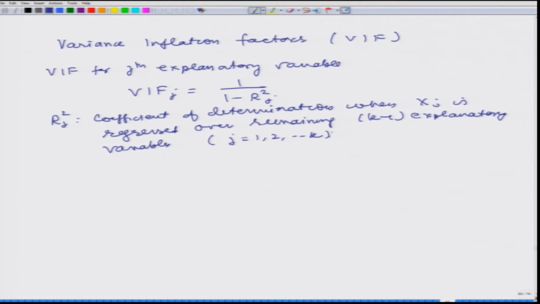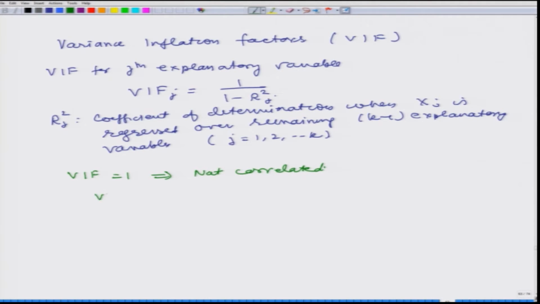Now this variance inflation factor is easily available in any software outcome, and is part of the outcome of a regression analysis, and it has the following interpretation. If we are getting a variance inflation factor equal to 1, this indicates that the explanatory variables are not correlated.